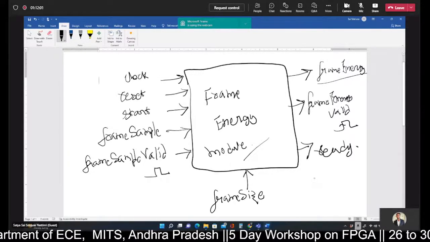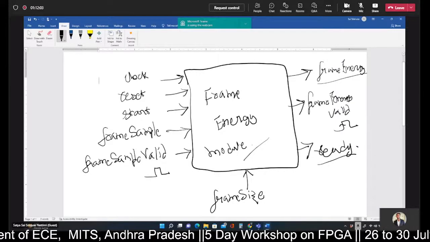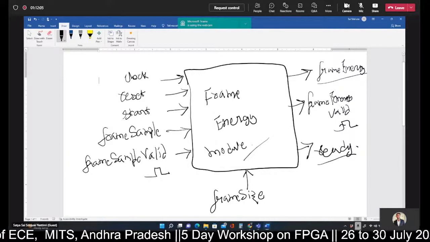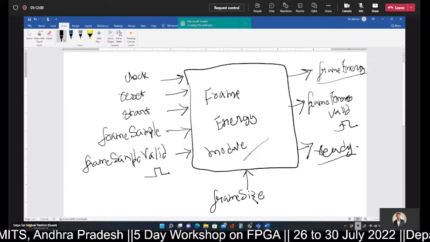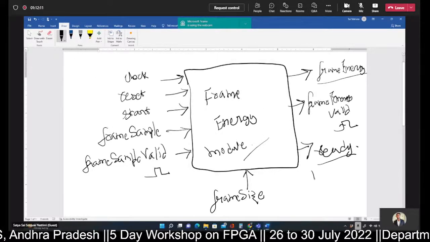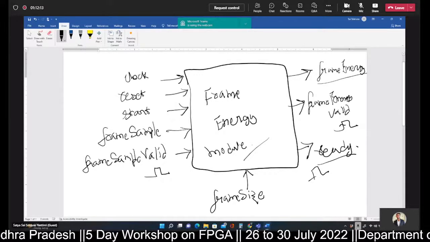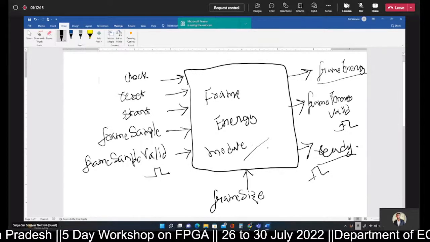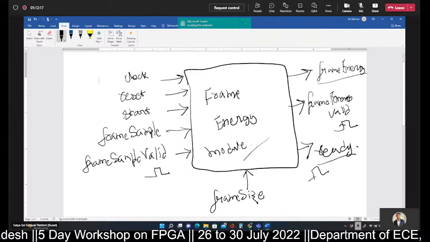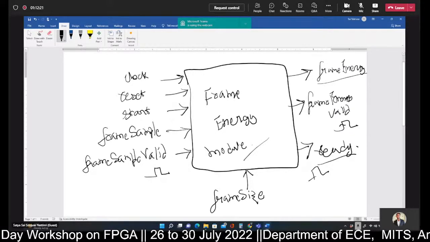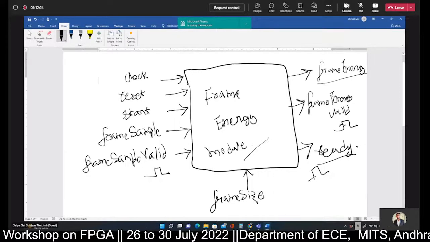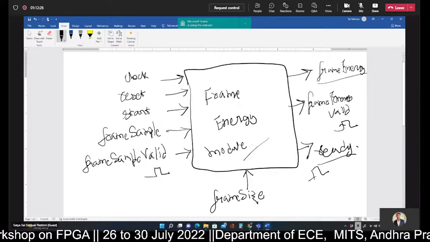So in this way we just assume that, and we will use one ready signal. This ready signal is nothing but an indication of the operating status of our frame energy module. If our frame energy module is in the idle state, the ready will be high, indicating that it is idle, and the subsequent stage can give the speech signal samples to our module in order to calculate the frame energy.